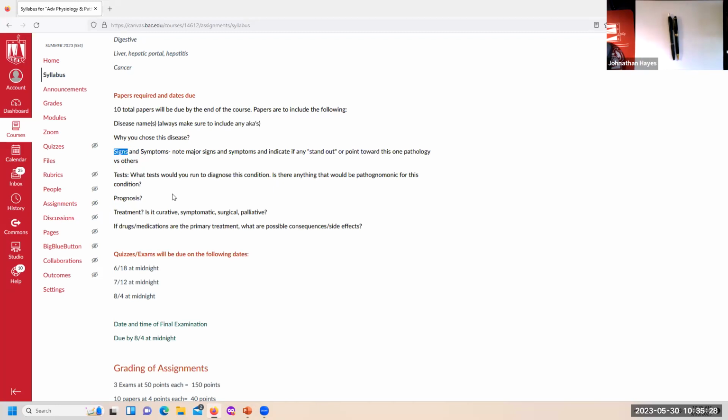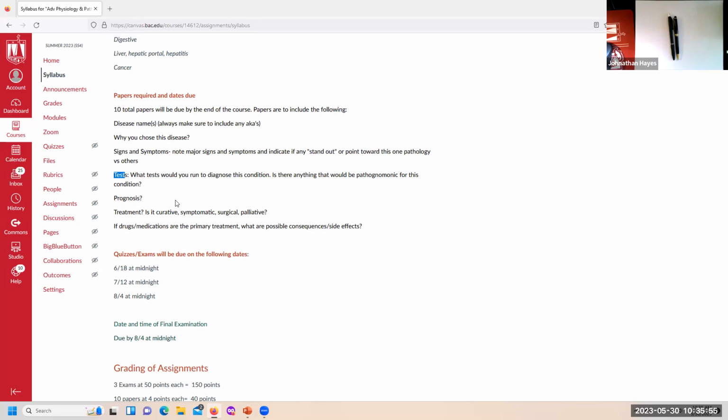So once we have a general idea about what we think is wrong with a patient, let's say they look sweaty, they're hot, they have a fever, they feel nauseous. Maybe I'll just do a blood test, maybe we'll do a culture, something like that. What test would you run for that particular disease? If we're doing pernicious anemia, there's a very specific test we'd have to run.